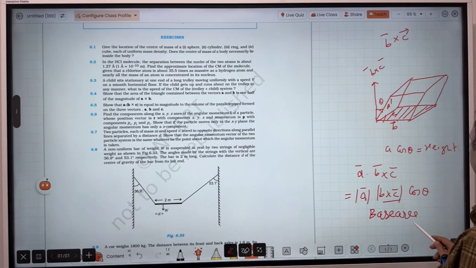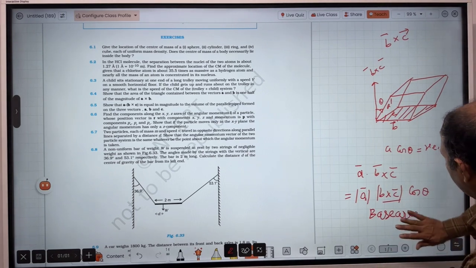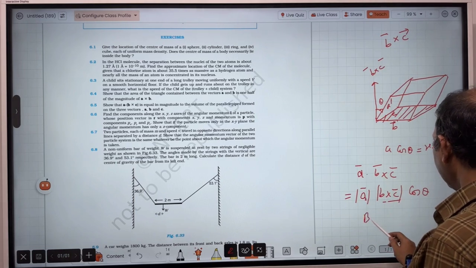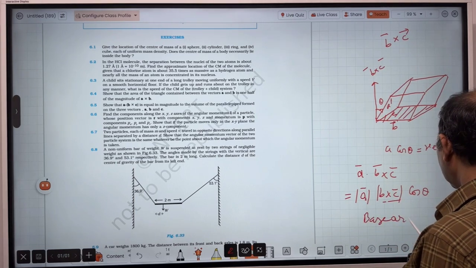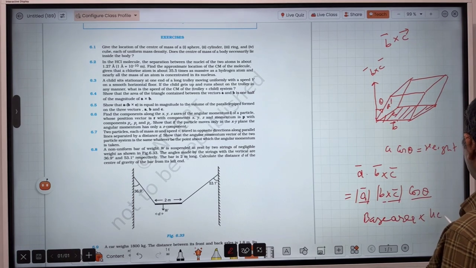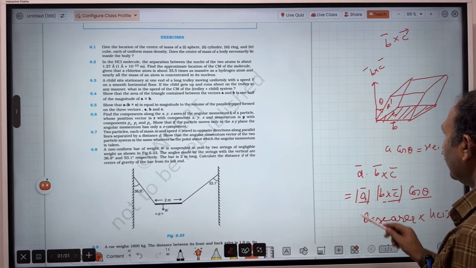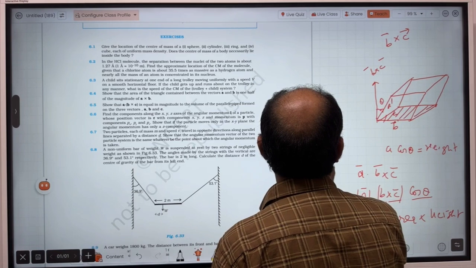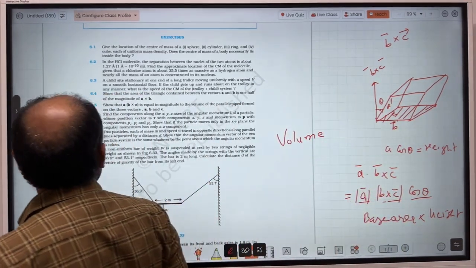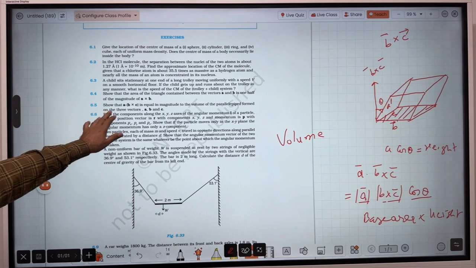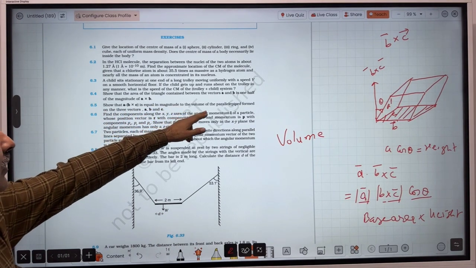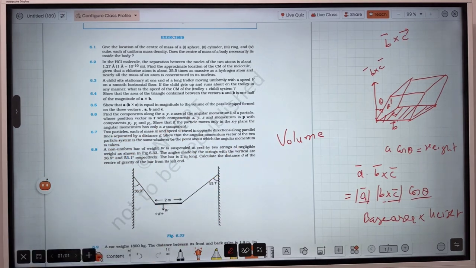So modulus of B cross C is base area and A cos theta is height. So what do we get? We get the volume of the parallelepiped. So the question says A dot B cross C is equal in magnitude to the volume of the parallelepiped. So that we have got.